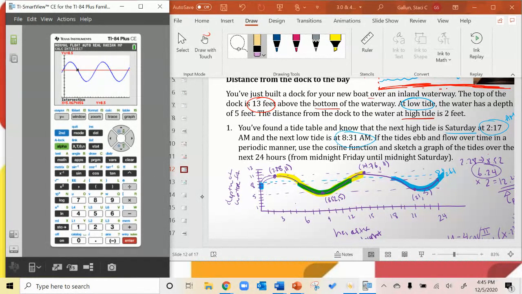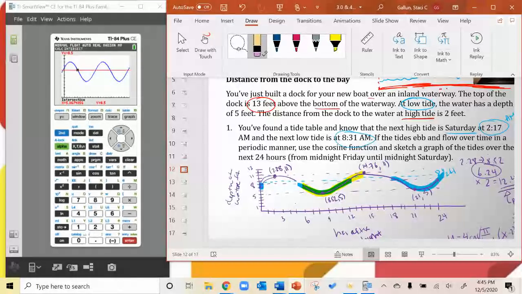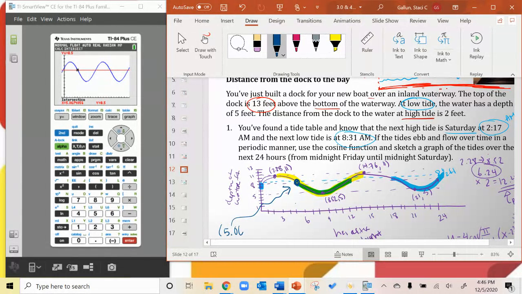So this right here, oh no. That point right there is 5.06, 8.5. Then I want to know this point, so let's keep it going.